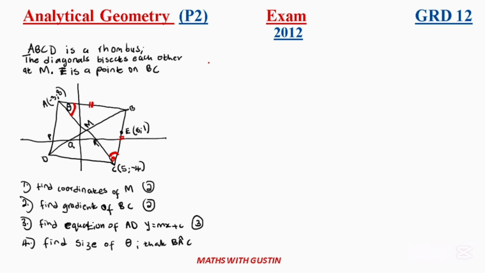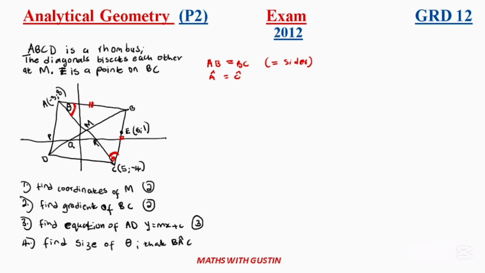From Euclidean geometry, guys, you would know that equal sides subtend equal angles, which in this case means that angle A should be equal to angle C, because they are subtended by equal sides.